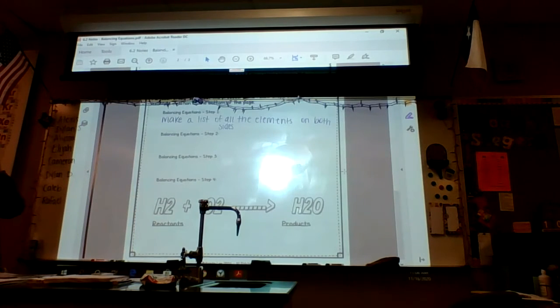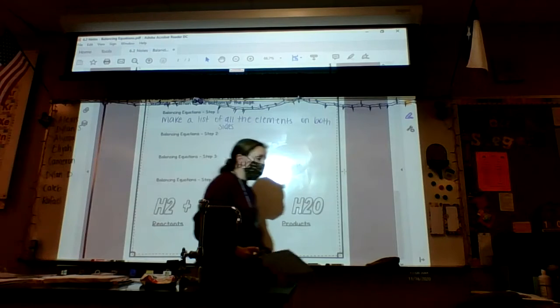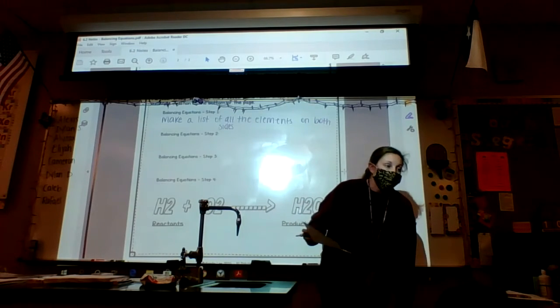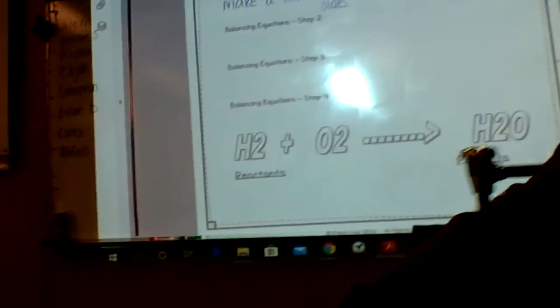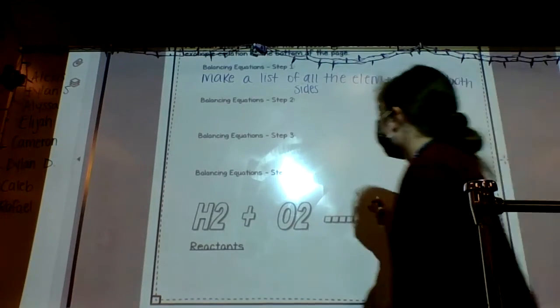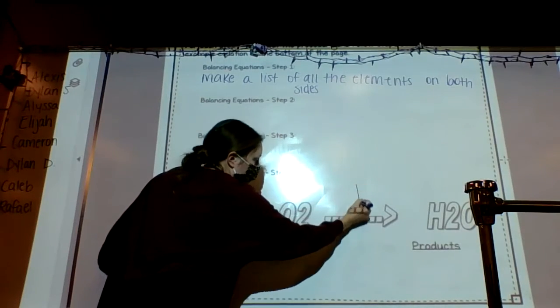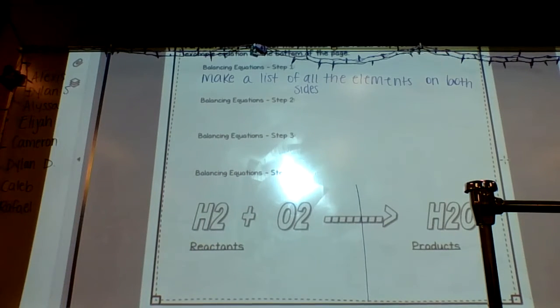Whenever I say sides, I mean reactants versus products. What I like to do whenever I balance an equation is I draw a line down my arrow, and that separates my sides for me.